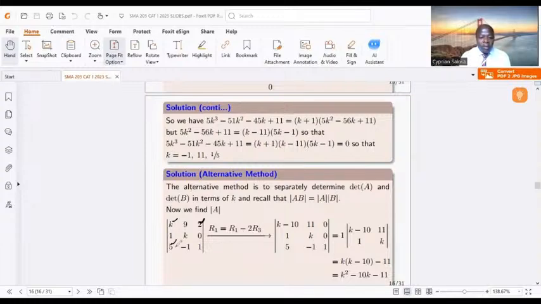So 2 times this will be 10. 10 from this will be k minus 10. 2 times this would be 2. 2 from this, no, it's negative 2. Negative 2 from this would be 11. 2 times this would be 2. 2 from this would be 0. So I have these 2 zeros and I have this matrix.